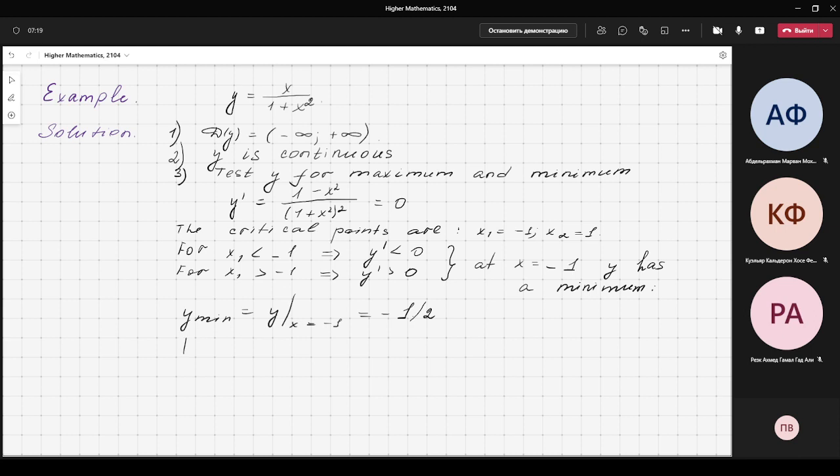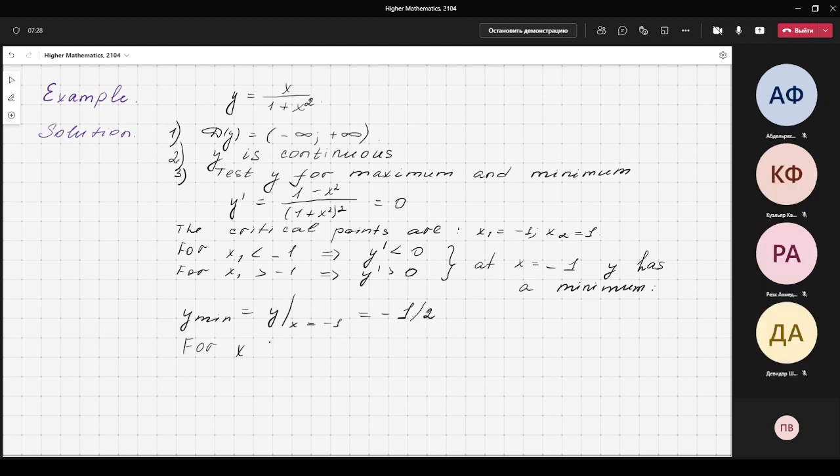For x less than 1, we have y prime greater than 0. For x greater than 1, we have y prime less than 0.